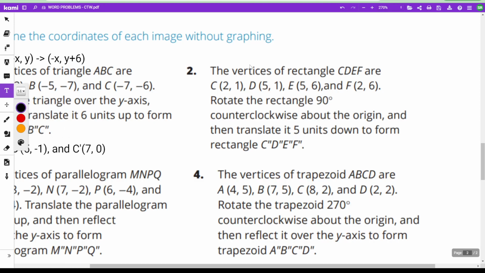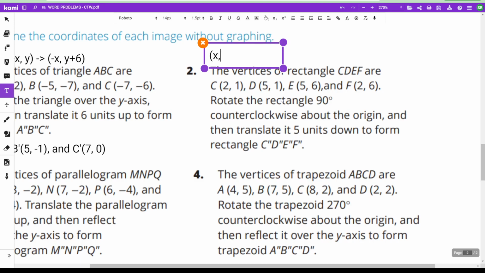Okay, so let's do number 2 for some more practice. Here they want us to rotate 90 degrees counterclockwise and then translate 5 units down. Okay, so we have our (x, y) coordinates, and we want to do a 90 degrees counterclockwise rotation.